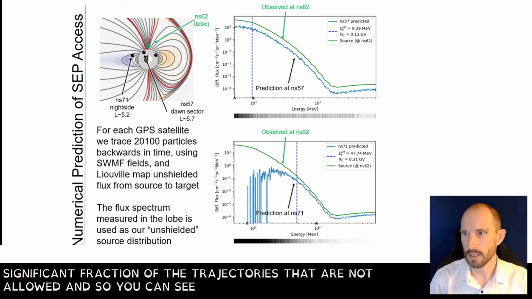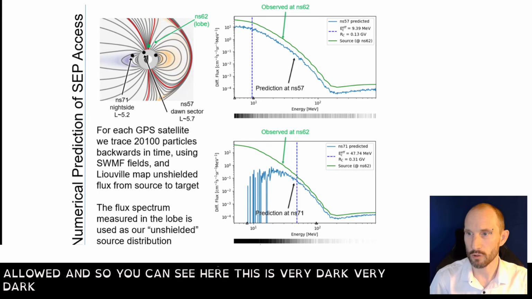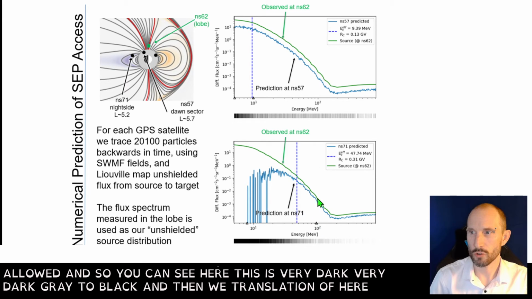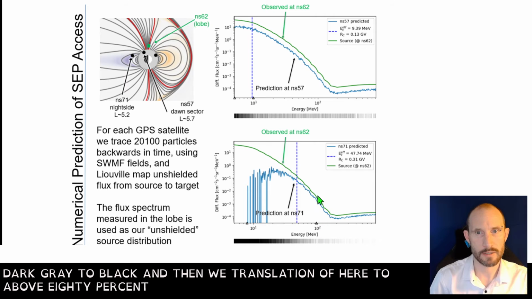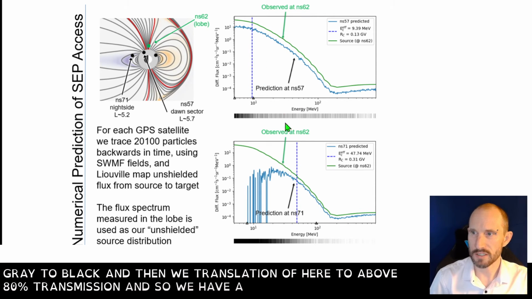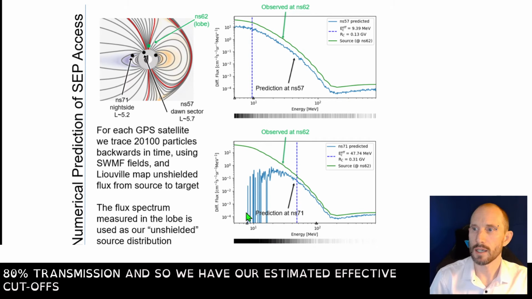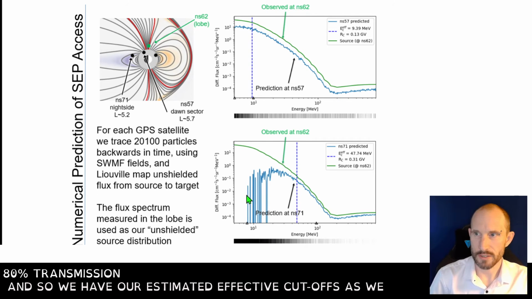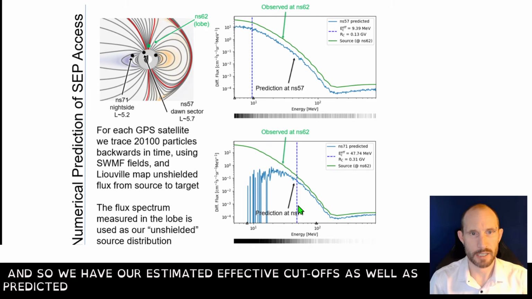And so you can see here, this is very dark gray to black. And then we transition up here to above 80% transmission. And so we have our estimated effective cutoffs, as well as predicted spectra.